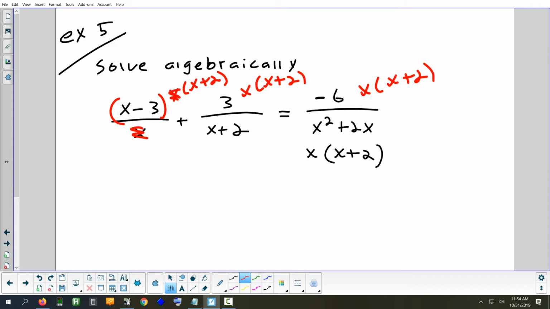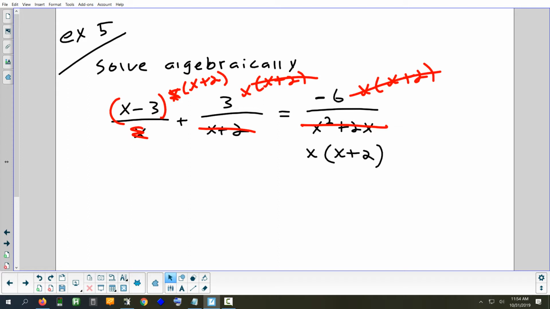What's going to cancel in the second fraction, Chris? X plus 2. And then what about my third fraction? The x and the x plus 2. Yep. It's going to cancel the whole thing.